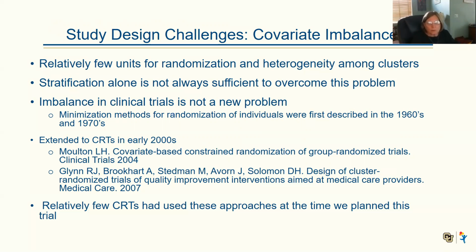Imbalance in clinical trials is not a new problem, and there were methods developed in as early as the 1960s to address the problem, but they were not extended to cluster randomized trials until the early 2000s. And even then, relatively few cluster randomized trials use the approaches.